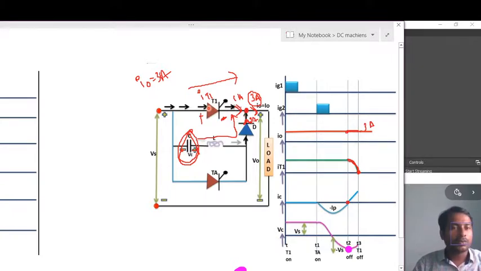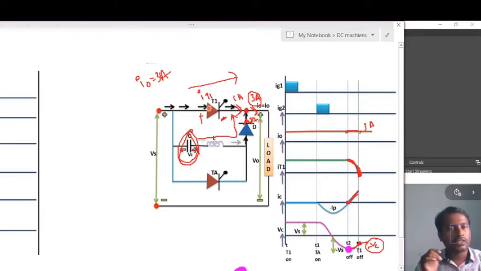At this point, the current through the auxiliary thyristor will be 0. While discharging the small current of the capacitor, after discharging the small current from the capacitor, the thyristor current will become 0, and the voltage across the capacitor, even though a small charge is discharged, will be negative only, VC is negative only.